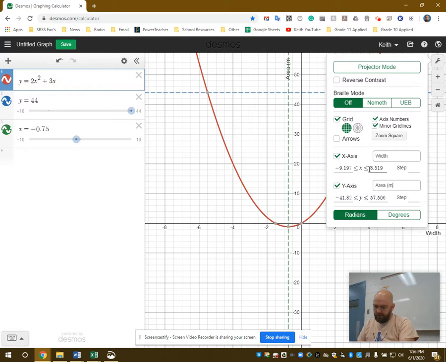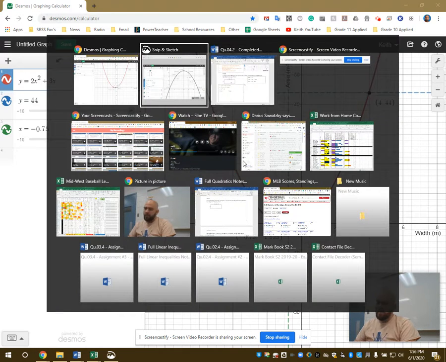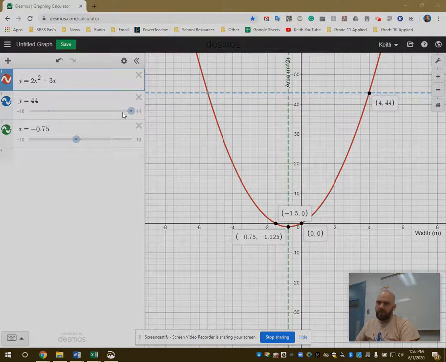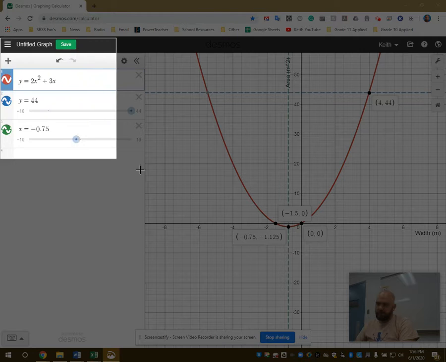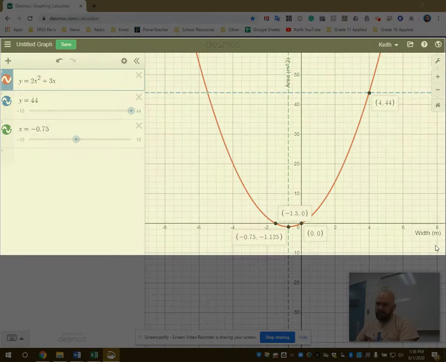This is in meters squared, and this is in meters. It's good to have that in there as well. It's tough to see as it's right on the line, but that's okay. It's important that we make sure we have everything in there. There's my points, and now we'll take a new sketch of this because now I have those labeled. It'd be really tough to force you to do that if I didn't.